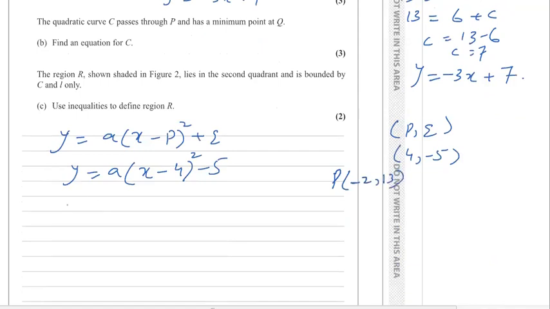If I take this as x and this as y, I can get the value of a. The value of y is 13 and the value of x is -2.